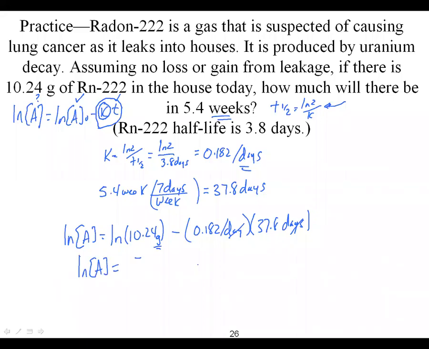We're going to take the E of both sides. And that's going to give us our final concentration, if you will, of 0.011, we'll call it. 0.011. And again, the units here are going to be grams because our original units here were grams, right?